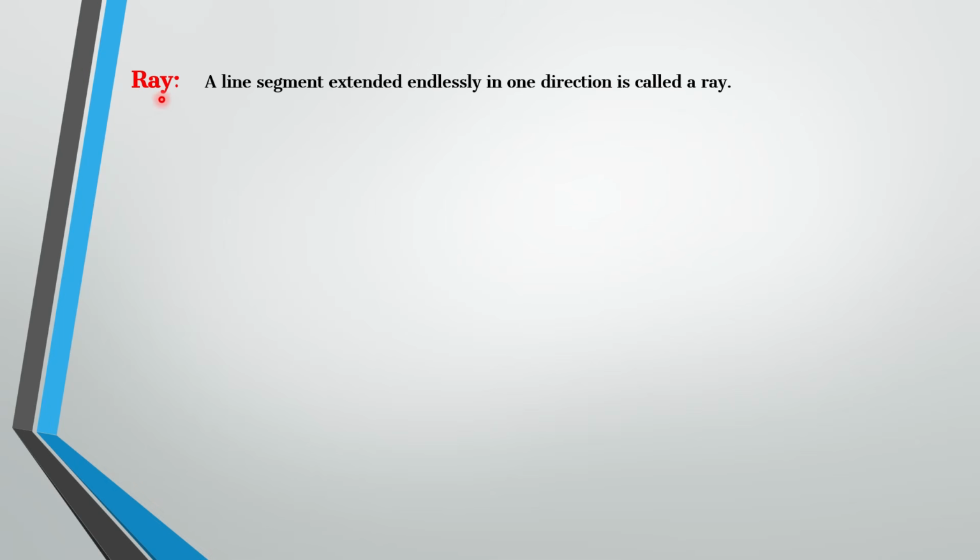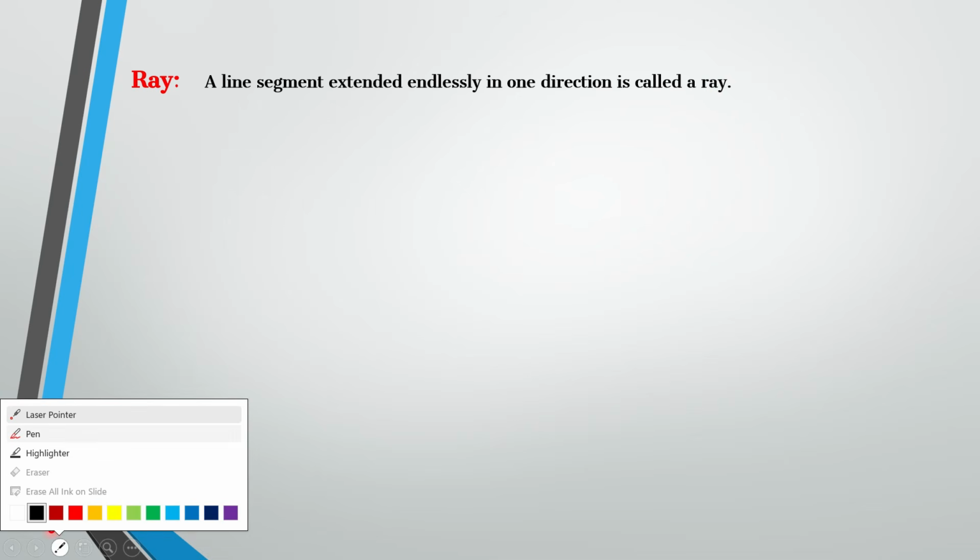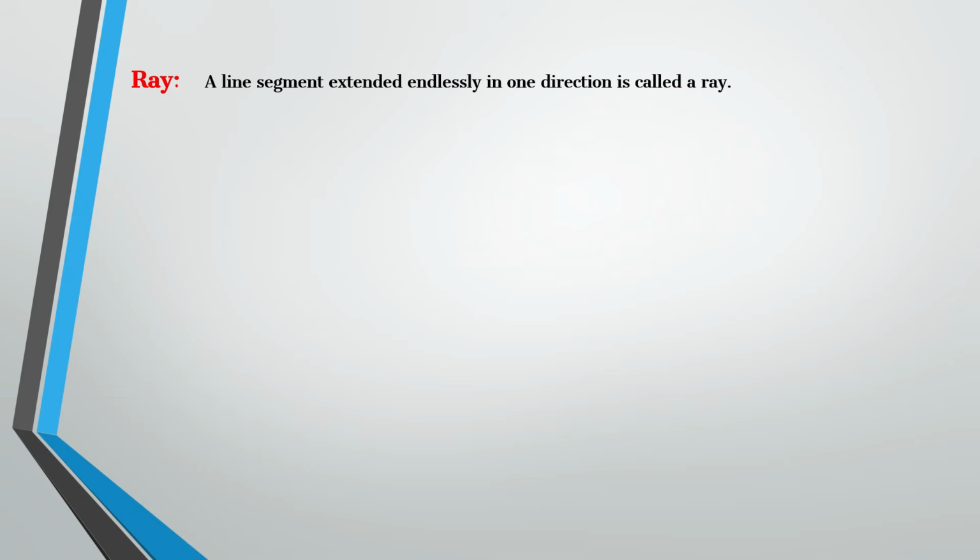Let us see the next concept, ray. A line segment that extends endlessly in one direction is called a ray. Just now we discussed the line segment. What did we learn? The line segment is the shortest path between two points in the plane.